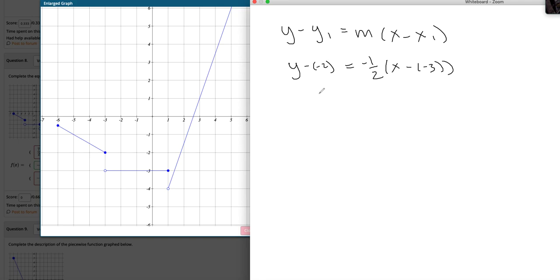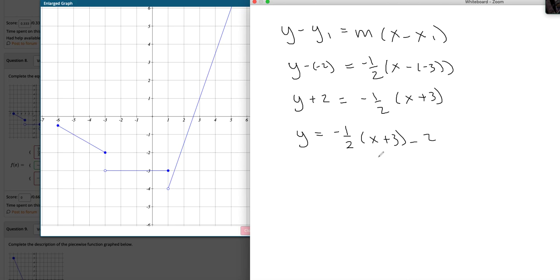And then let me get that cleaned up a little bit just so it looks better, and you're welcome to just obviously jump right down to this line if you're comfortable. So minus a negative makes that x plus 3. And then I'll subtract this 2 over, and there we have y equals -1/2 x plus 3 minus 2.